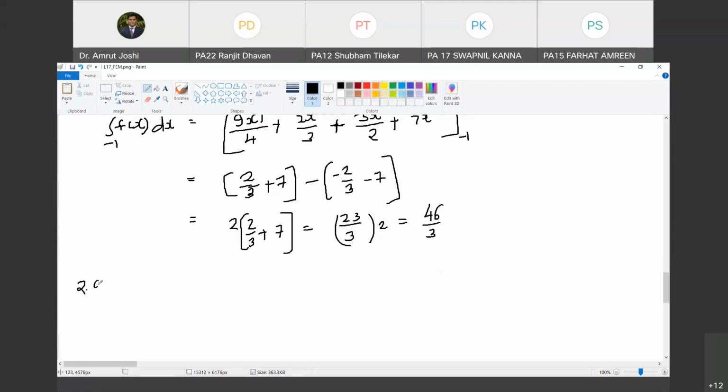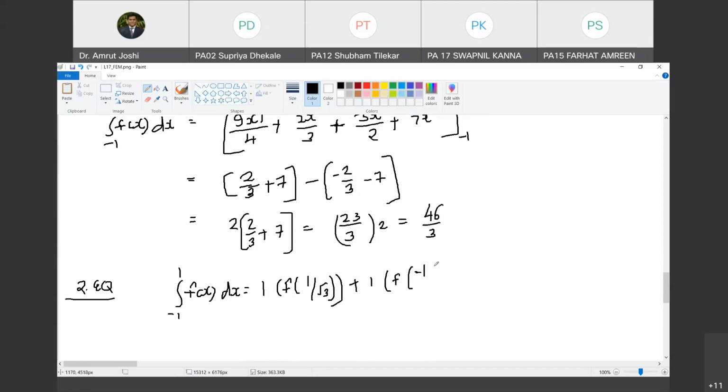Now let us try 2-point Gauss quadrature. When I try 2-point Gauss quadrature, the integration from -1 to 1 of f of x dx must be equal to w1, which is 1, multiplied by f of 1 by root 3, plus w2, which is 1, multiplied by f of -1 by root 3.